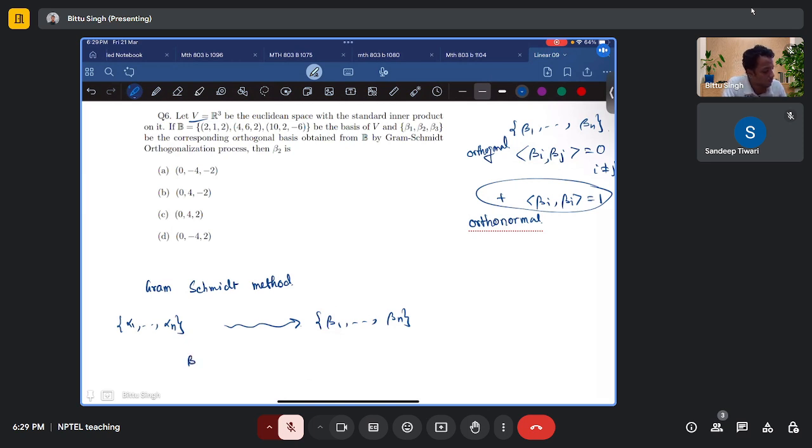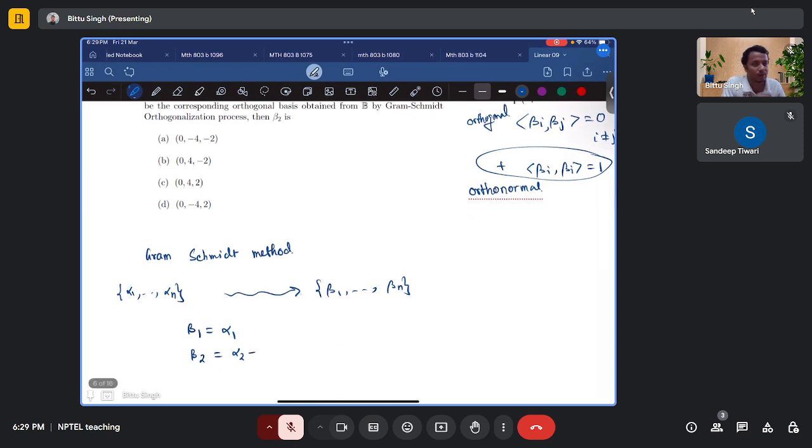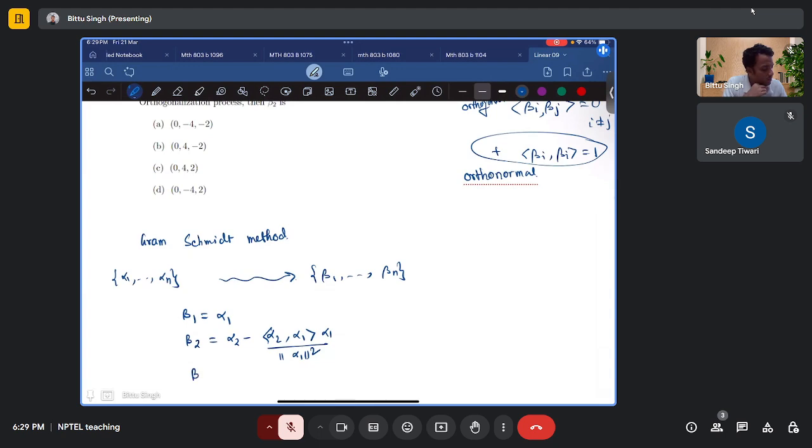The process is very simple. Take beta 1 as alpha 1. Then beta 2 is alpha 2 but remove the component of alpha 1, so you take the projection of alpha 2 on alpha 1, using the projection formula, and just remove this part. Similarly, beta 3 is alpha 3 minus the projection of alpha 3 on alpha 1. First we remove this projection part.